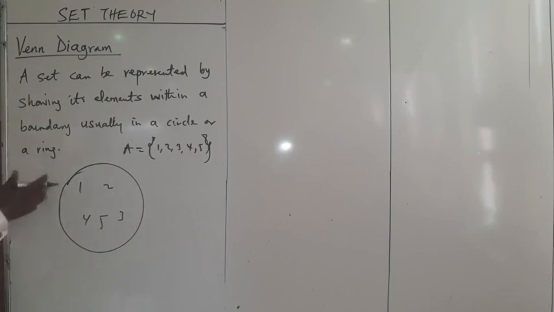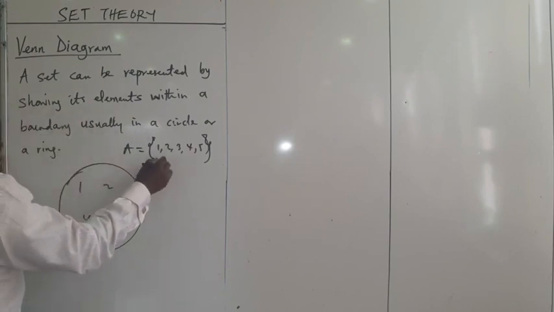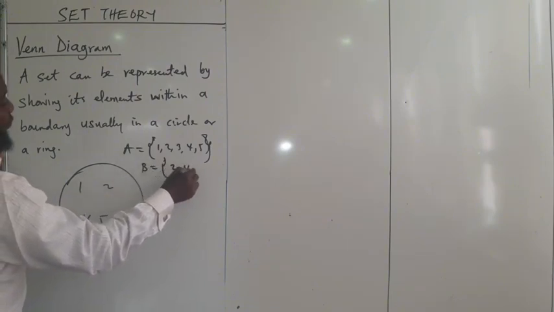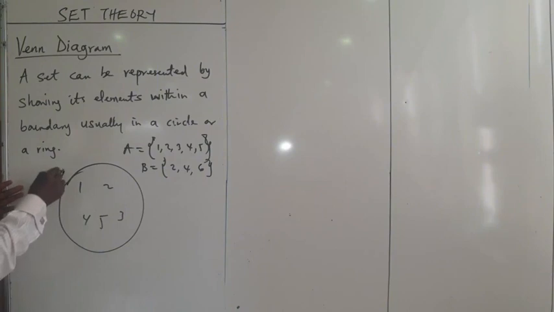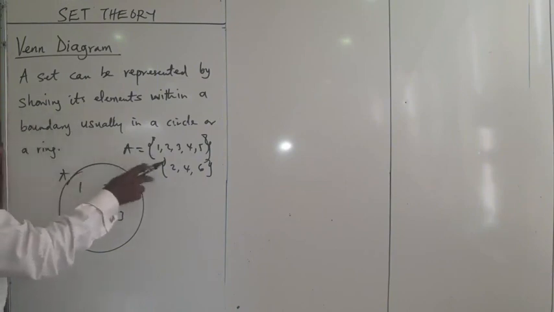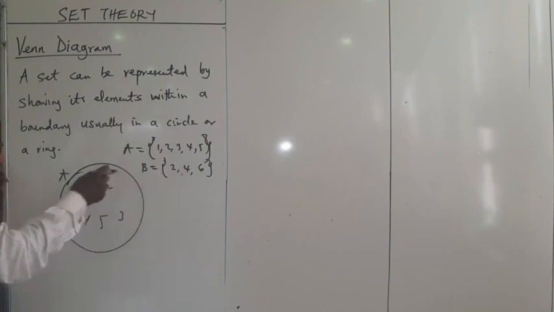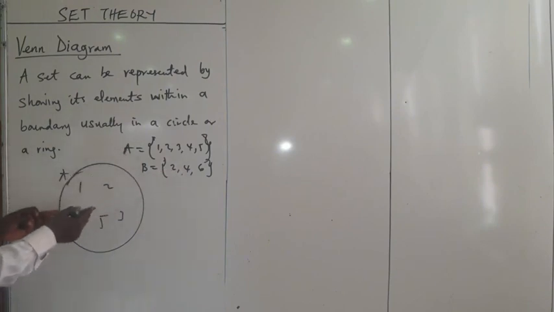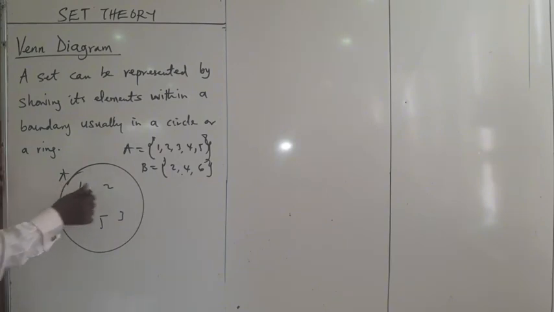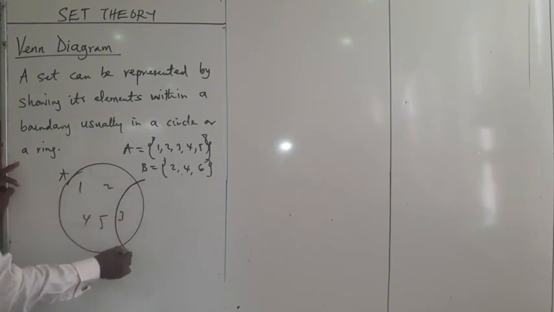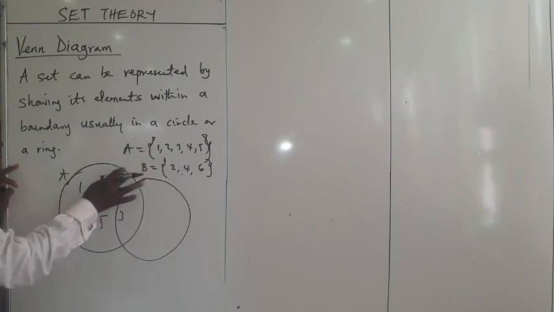Now we're going to look at the complex type. If you have another set, set B, which is 2, 4, 6, you can see that there are some elements we have in set A and we also have in set B. This means that if you want to draw the circle of B, it's going to overlap on A. So this is B. What are those things that you have in A and you also have in B?